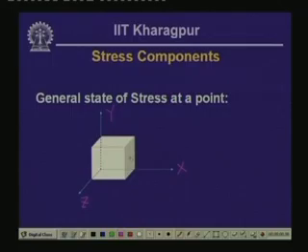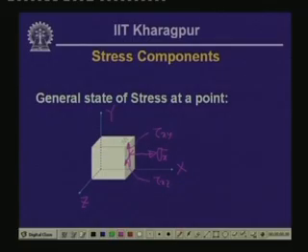The stress on this particular plane in the direction of x is the normal stress sigma x, this being the x plane. On the x plane, the stress acting in the y direction is tau xy, and on the x plane the stress acting in the z direction we designate as tau xz.